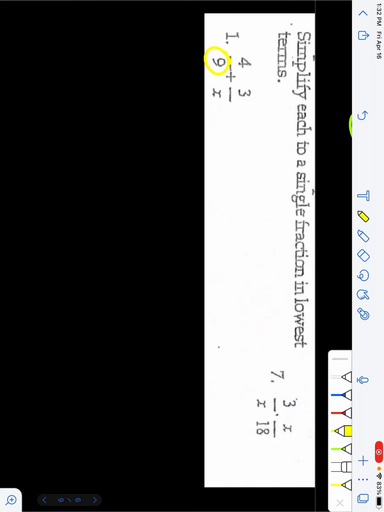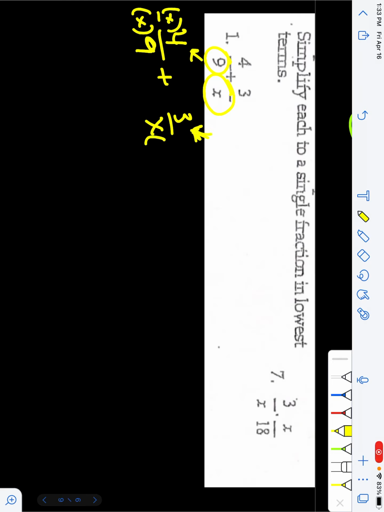So when we look at number one, when we're adding fractions, remember we need common denominators. So we have 4 over 9 plus 3 over x. The way we can get a common denominator is multiplying each fraction by the other's denominator. So this 9 is missing an x in the denominator, so we're going to multiply this by x over x.